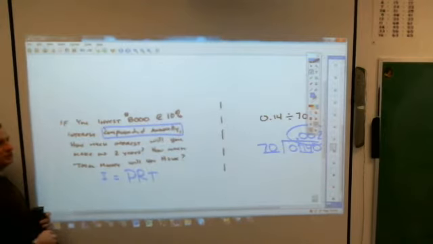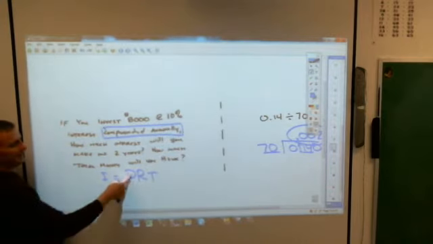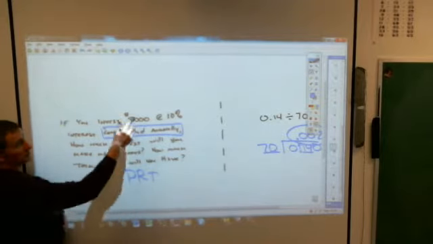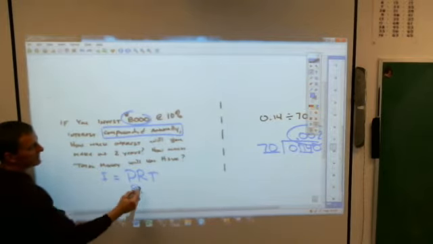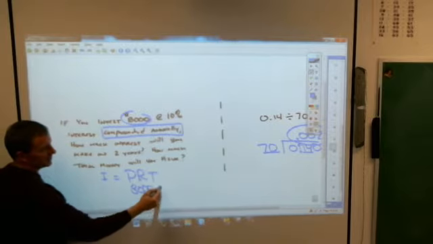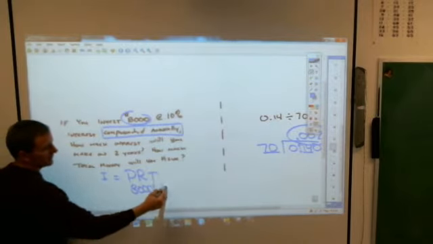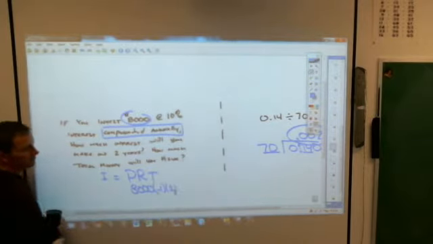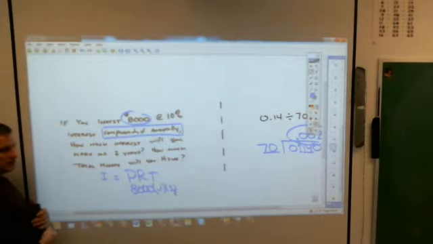After you get the first year's interest, you have to add it back onto the principal to find the next year's interest. So the first year's interest, my principal, which is $8,000, I am going to multiply it by 10%, which is 0.1. And the time is 1 year, so it's all a bunch of ones. What is the interest the first year?